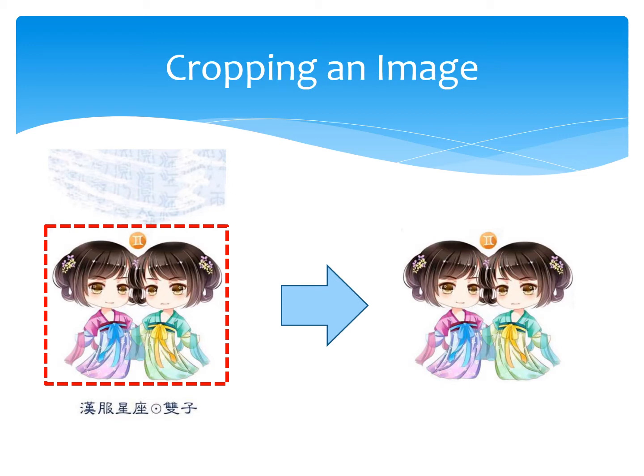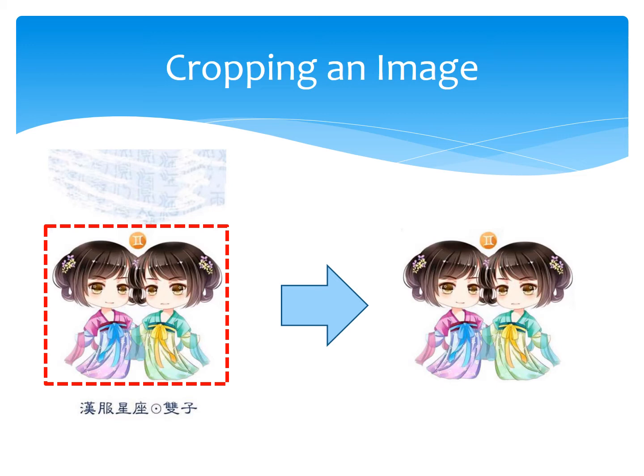The cropped image consists of all rows between the row index of the upper left corner and the row index of the bottom right corner, and all columns between the column index of the upper left corner and the column index of the bottom right corner.